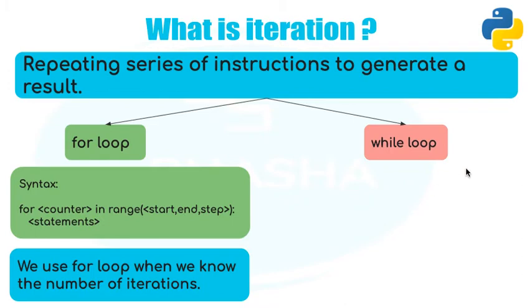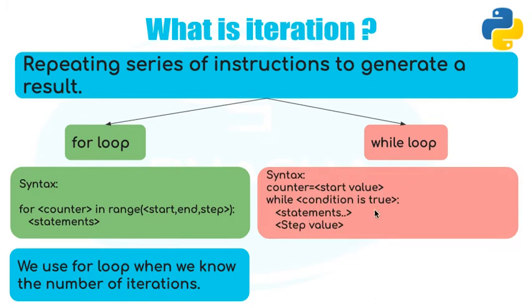Let me just quickly tell you what a for loop is, because the while loop will be dealt with in detail after we are done with the for loop. So for loop has this kind of syntax. While loop has a different syntax, where a while loop is actually used in a case where sometimes we are not very sure of the input.